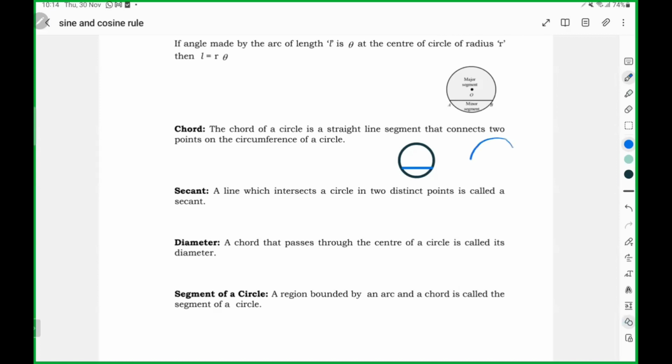And here, this is another circle, and here is a line which intersects the circle. Line segment means part of the line. So this line segment is the chord, and this one is the secant.